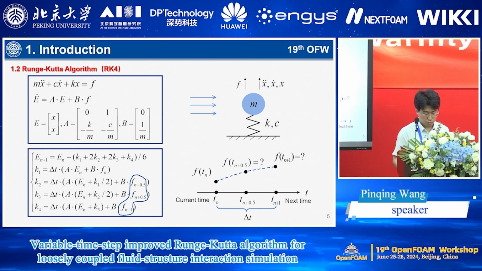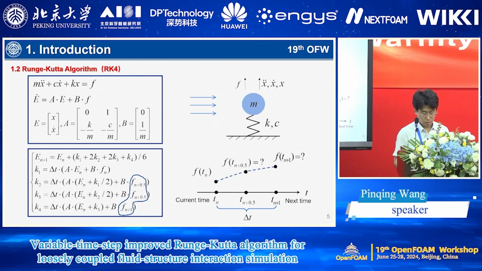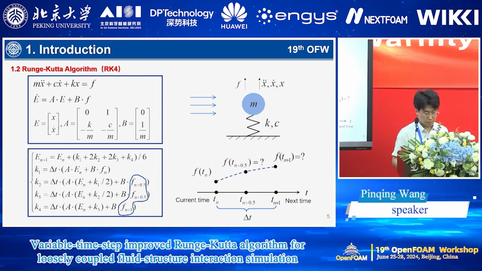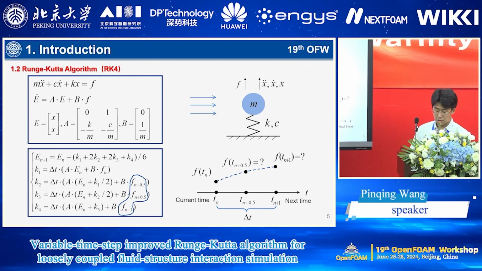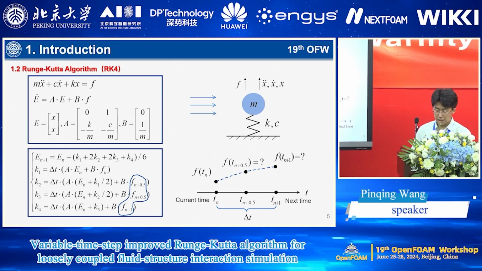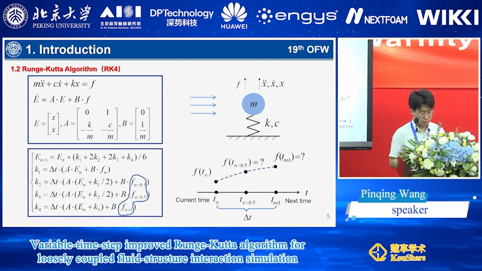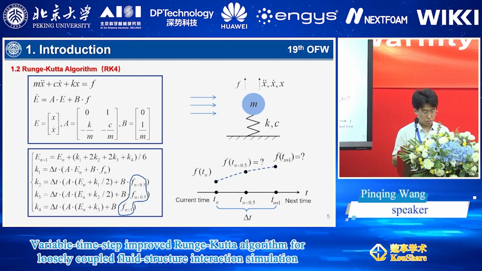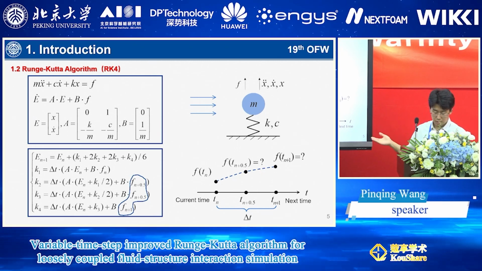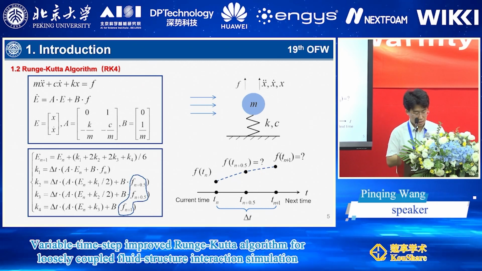Taking the fourth-order Runge Kutta algorithm as an example, for this 1 degree of freedom FSI system, we can reduce the order of the motion equation by introducing a state vector and then solving the structural response at the next time using the Runge Kutta algorithm as the equation shows.